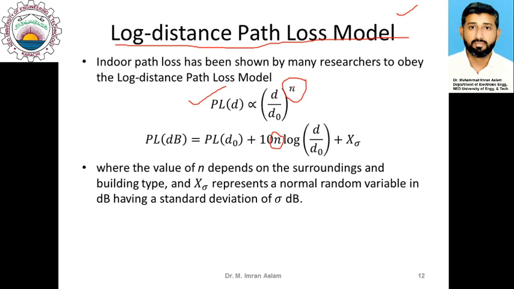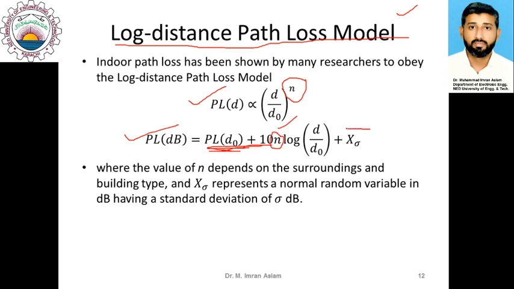Similar types of measurements and calculations can be made to calculate the path loss index for indoor environments as well. So this is the loss in decibels. The same expression is represented in decibels. So if you know the loss at a reference distance d naught, and you know the path loss index, you can calculate the total path loss in decibels.